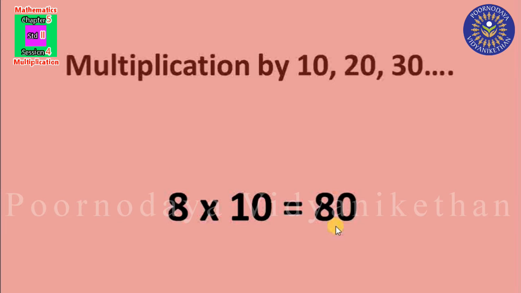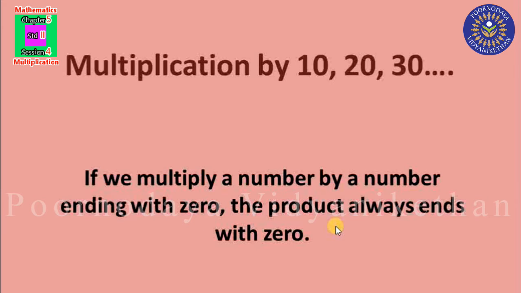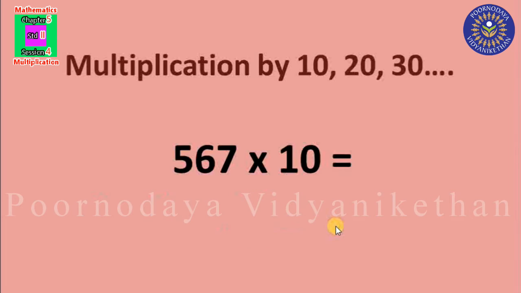Clear? See, if we multiply a number by a number ending with 0, the product always ends with 0. One more example. 567 into 10.